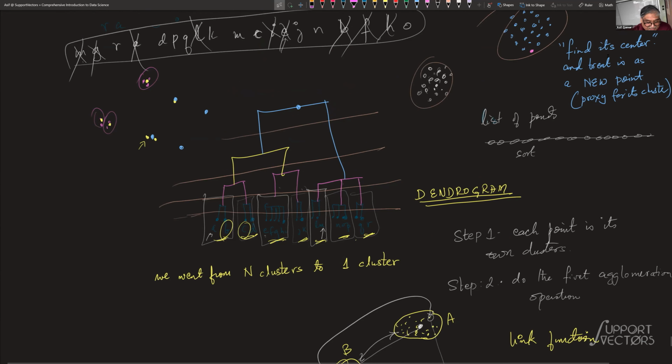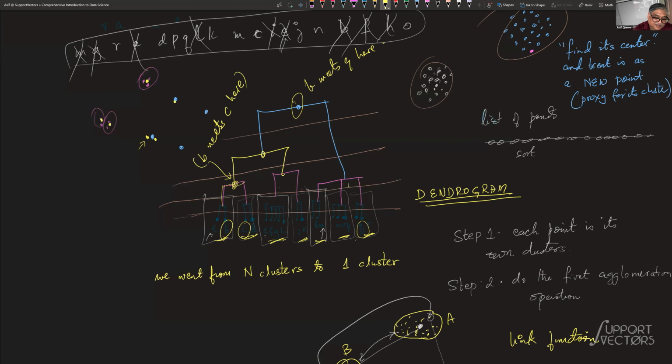You would say that B happens to be closer to C because it meets C sooner than it meets Q. Where does it meet Q? It meets Q all the way to the top. B meets Q here. B meets C here. So therefore, you would say B is actually closer to C.